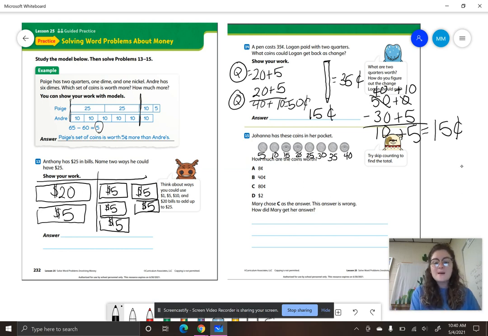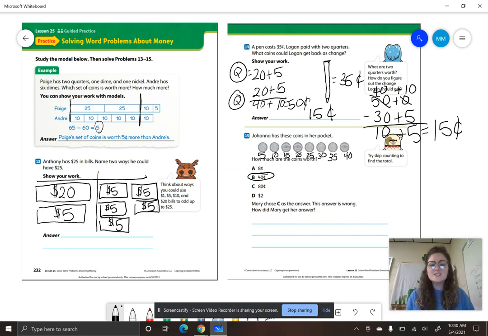A, B, C, or D? Go ahead and circle the correct answer. Letter B, right? 40 cents. What did we skip count by to find the total value of those coins? 5, because nickels are worth 5 cents each. So we could skip count by fives to count the 8 nickels, the value of those 8 nickels.